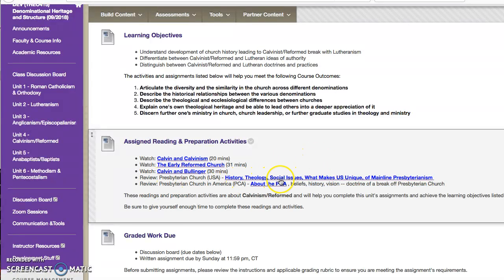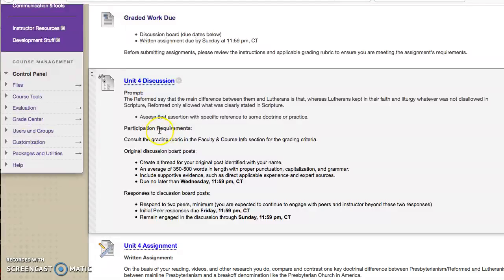Again, a website on the mainline Presbyterian Church, USA, and then the opportunity to look at a breakoff version of Presbyterianism, the PCA, the Presbyterian Church in America, and its beliefs, history, vision, and so on. Again, discussion focuses on those kinds of things, namely with regard to authority.